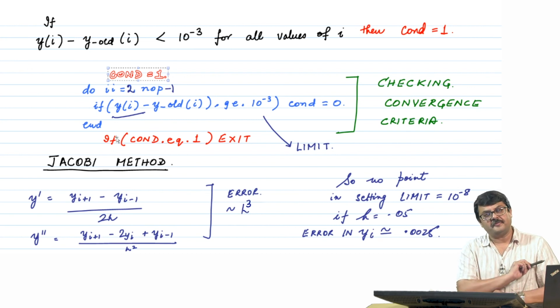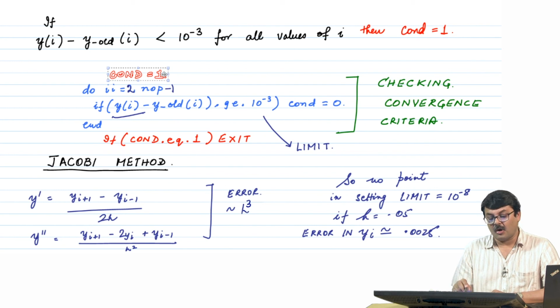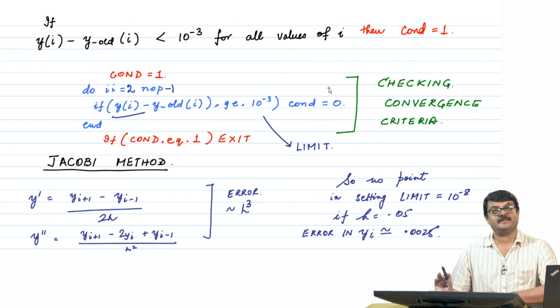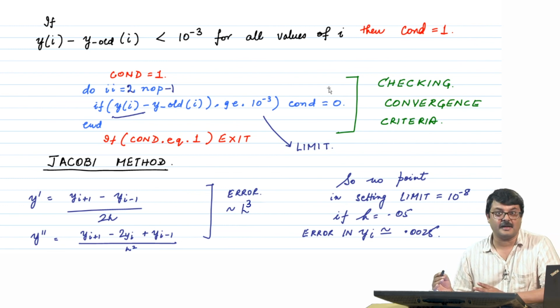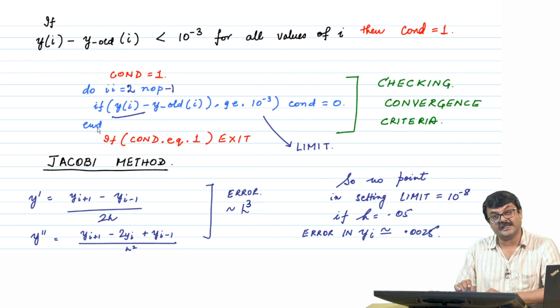In the loop, if for any I the condition is not satisfied, you change the value of cond to 0 and it remains there, right. There is no condition which says it will become equal to 1 again within this loop, right. And if cond equal to 1, then exit, but if cond becomes 0, if this condition for any I is satisfied, then you do not exit.